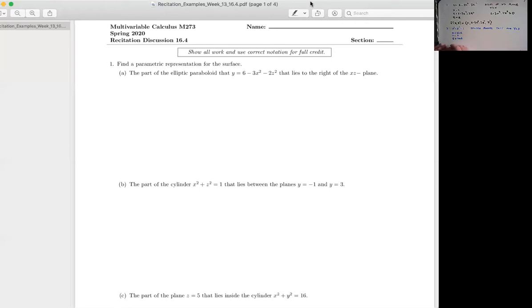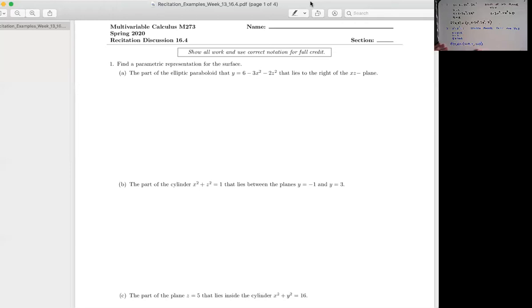So then our representation would be vector valued function r of y and theta will output the vector sine theta, comma y, comma cosine theta. Okay, so we have y and we have theta.